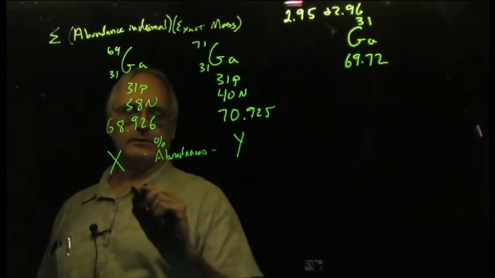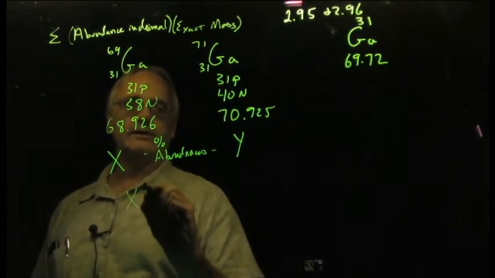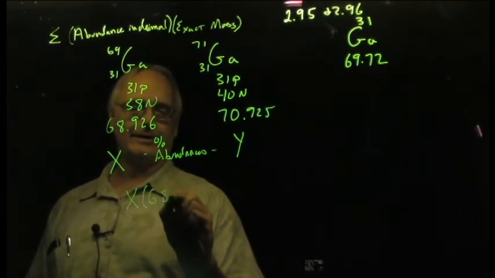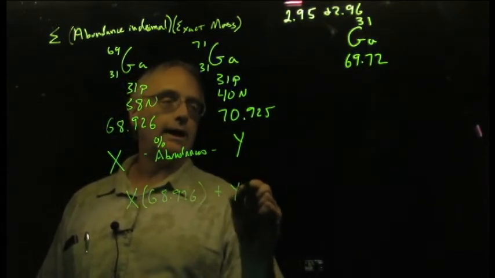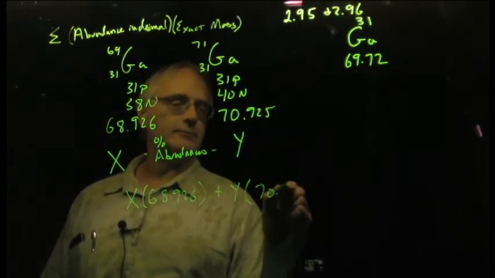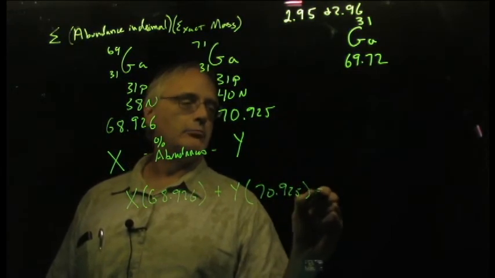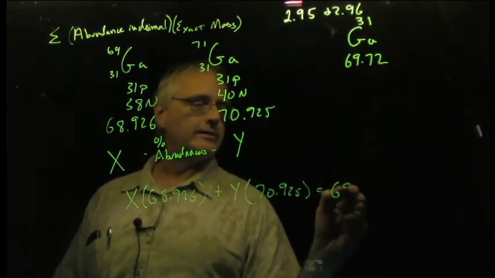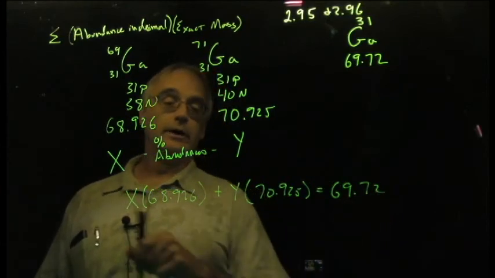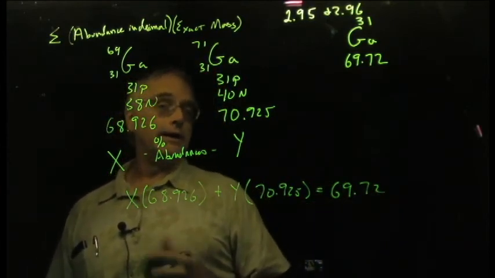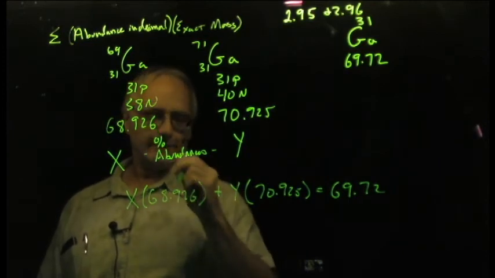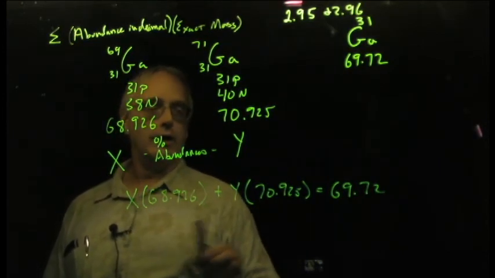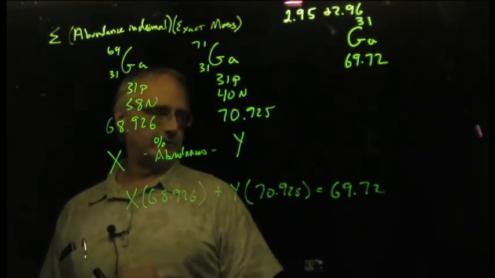And we're essentially told whatever x is times 68.926 plus whatever y is times 70.925 must add up to 69.72. There is the weighted average calculation, this time with the more uncommon unknowns of the percent abundances.